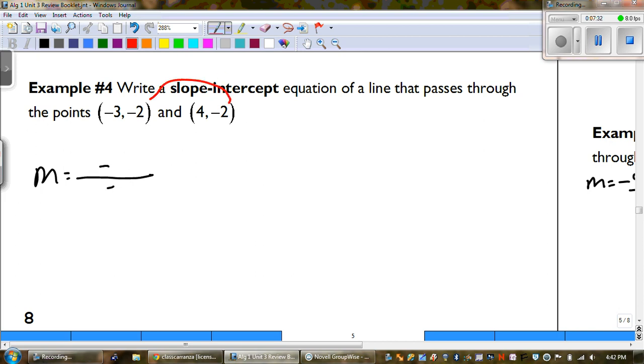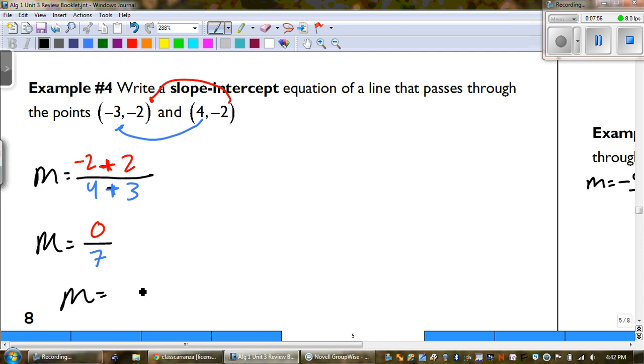So we got -2 and 2, and then on the bottom, we have 4 and 3. Real quick, 4 plus 3 is 7. -2 plus 2 is 0. And when we reduce that, we get that our slope is 0.